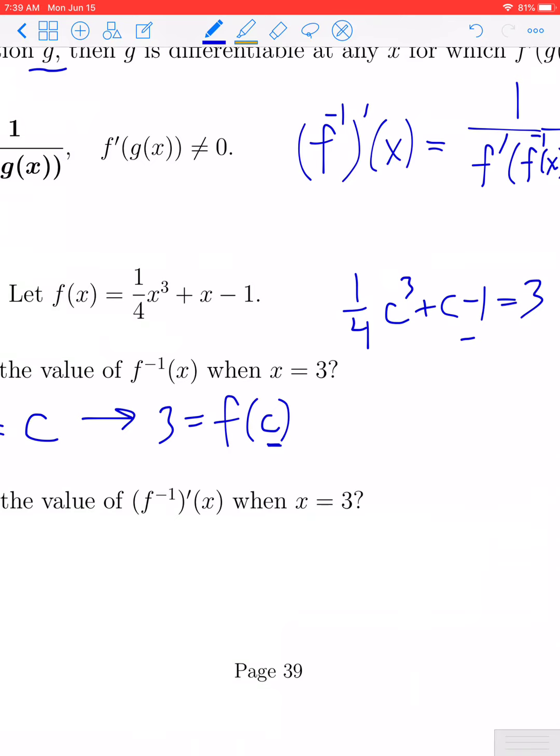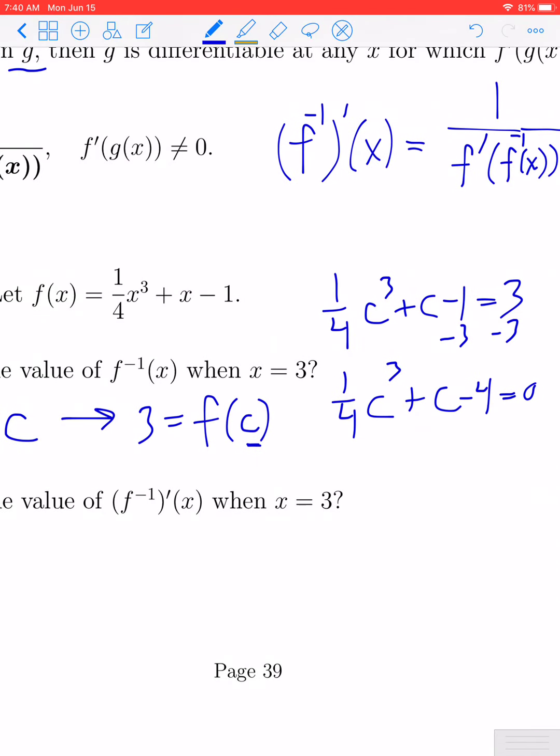I'm going to subtract 3 from both sides. This is a polynomial equation. We get 1/4 c cubed plus c minus 4 equals 0. If you were doing this by hand, you would probably want to clear the fractional coefficient by multiplying everything by 4.